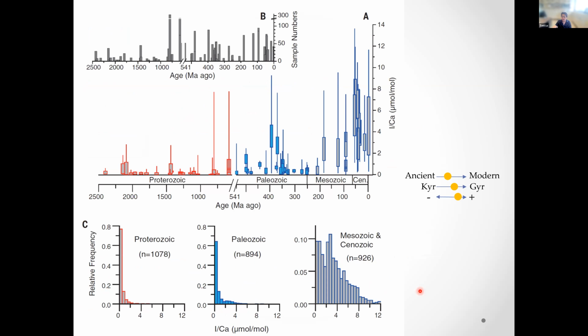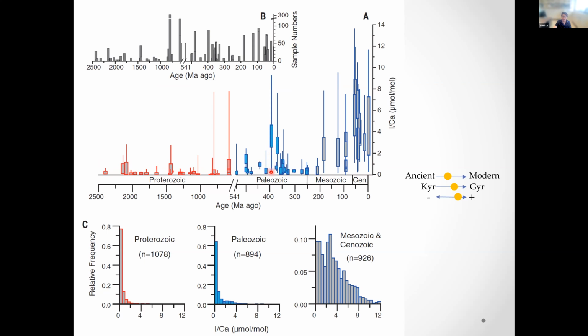So it took us quite a few years to collect a larger data set of bulk rock iodine to calcium all the way through the Proterozoic, Paleozoic into the Mesozoic and Cenozoic. What you're looking at here, these boxes show the majority of the values from that one section.